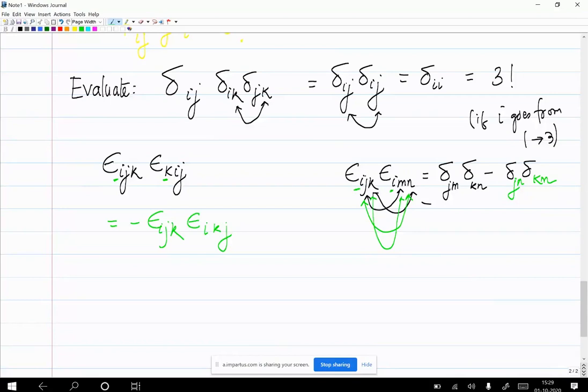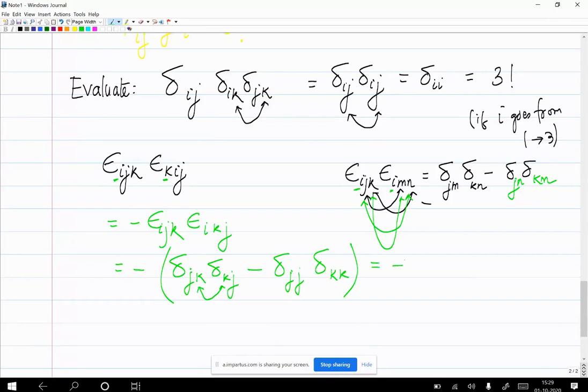Now you apply this relationship. So this is then equal to minus delta jk into delta kj minus delta jj into delta kk, isn't it? And let's now try to work this out. So here again you see that the index is repeating. So Kronecker delta removes that repeating index and replaces it with the other index.